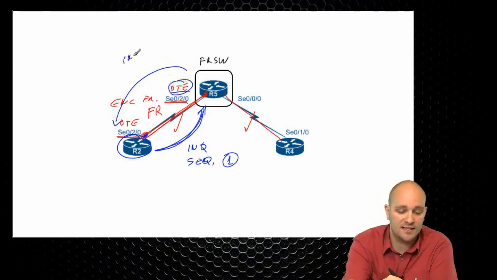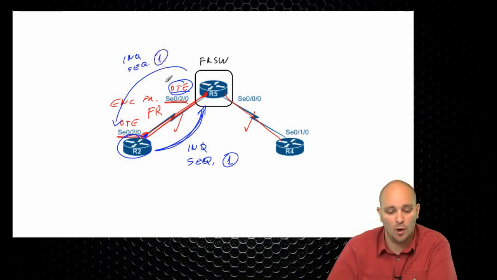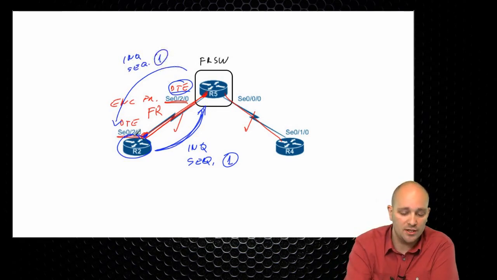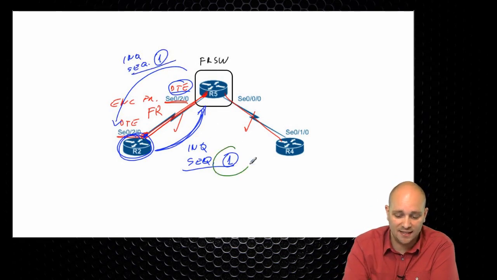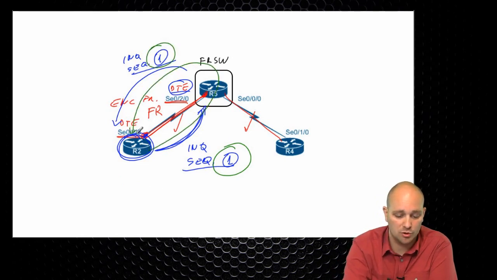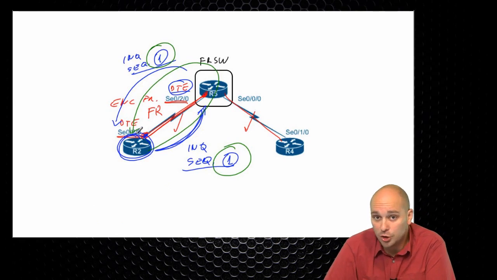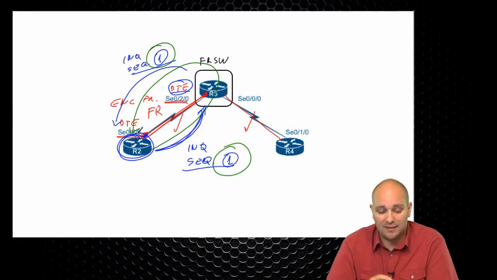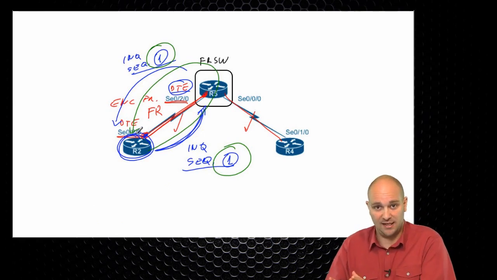And because the interface came up first, the sequence number is also going to be 1. So now R2 is receiving an inquiry with sequence 1. And it assumes, because it is sending the same inquiry, that this is the same inquiry that for some reason was looped back. Now, this is not true. There was no loop here, but this is what R2 thinks is happening.